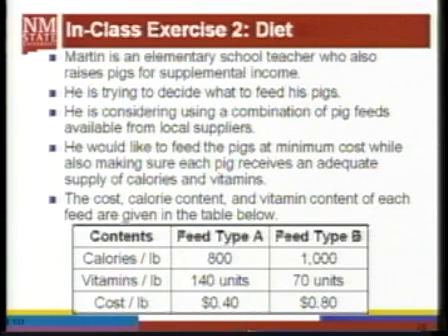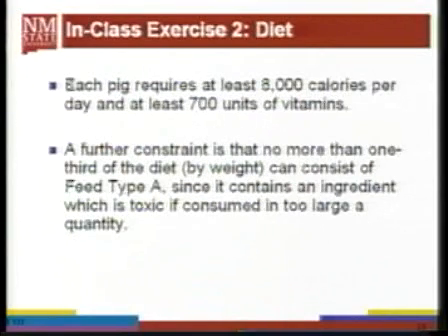And he wants to save his money, so he'd like to feed the pigs at minimum cost. Okay? But at the same time, he wants to keep the balance of some nutrition factors, such as calories and vitamins. And the cost, calorie contents, and vitamin contents of each feed are given in the following table. Okay?